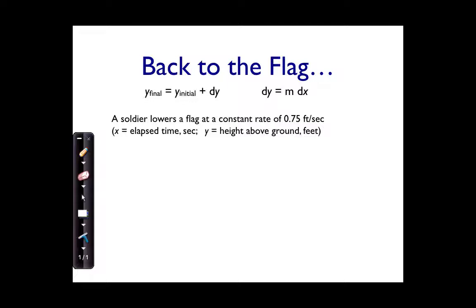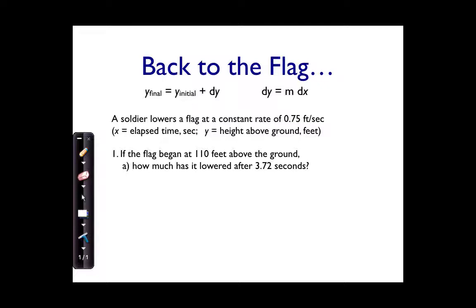If x is the elapsed time in seconds and y is the height above the ground in feet, and the flag began at 110 feet above the ground, we'd like to know how much it had lowered after 3.72 seconds. Think about this question for a second.